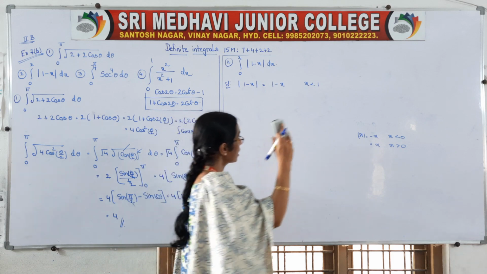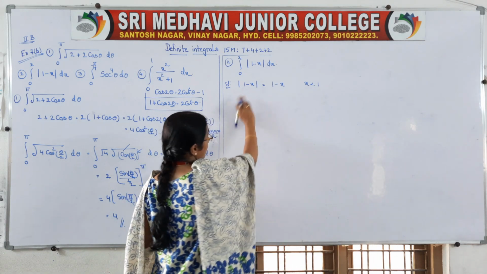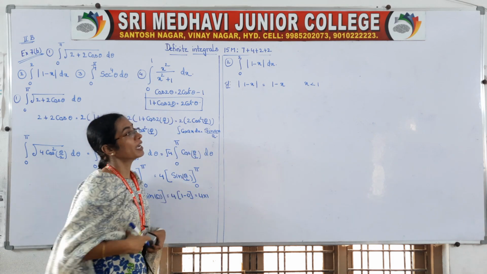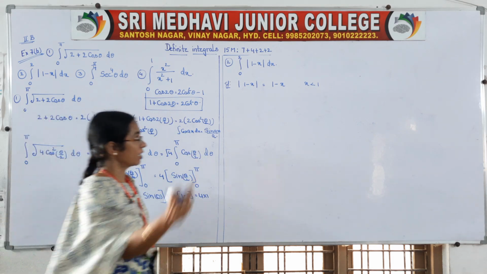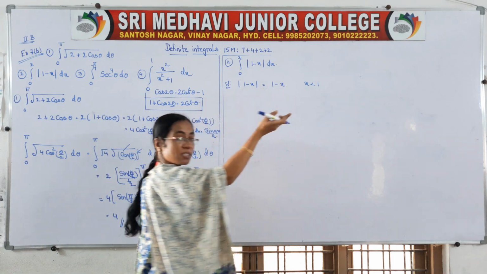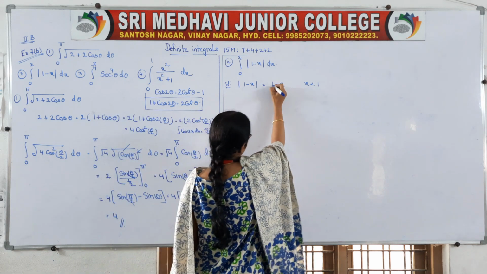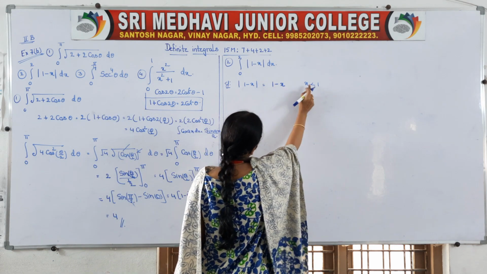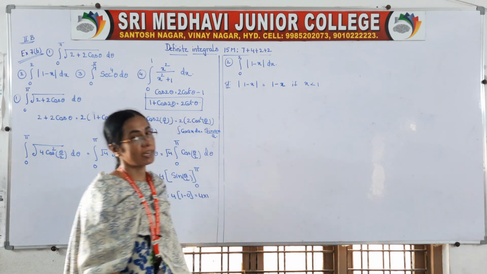But here if x value is less than 1, it is not x minus 1, it is 1 minus x. That's why first we will get a positive value here, 1 minus x. If it is x minus 1, we will get minus of it, but it is 1 minus x. That's why it is 1 minus x if x is less than 1.